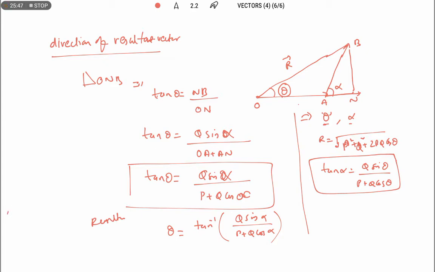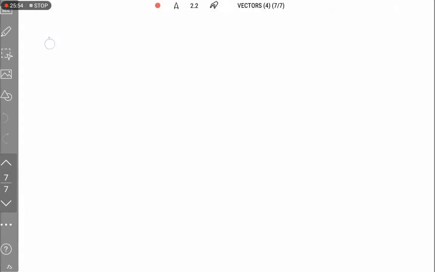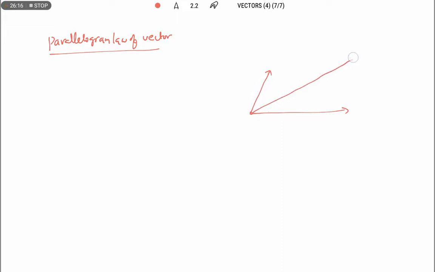Then we are moving to the analytical method for parallelogram law of vectors. The statement is the same. If two vectors are represented by adjacent sides of a parallelogram, then the resultant is in the direction of the diagonal.